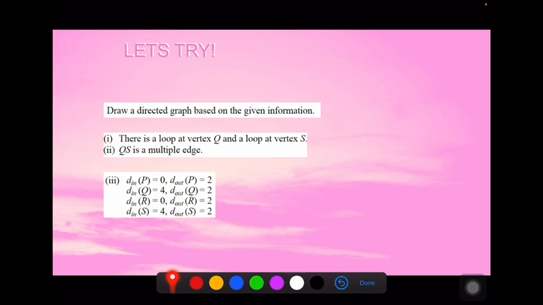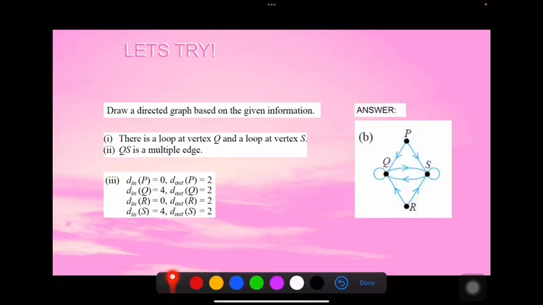Let's try it now. Let's check the answer. Is that correct, your directed graph? Let's check with the given answer.